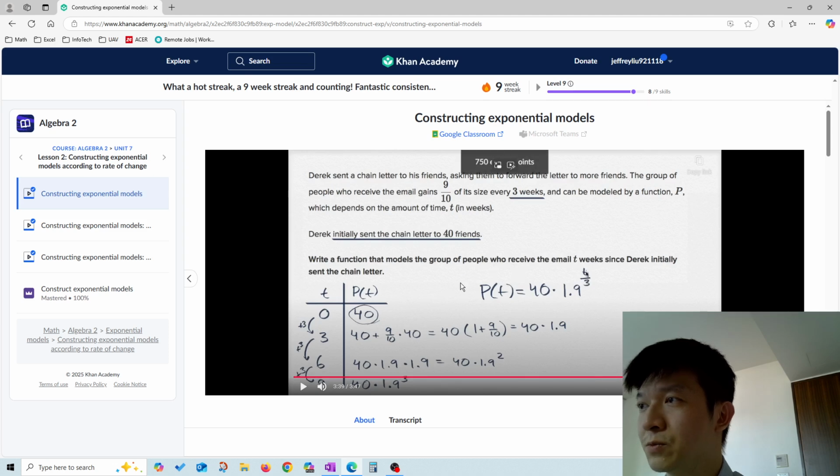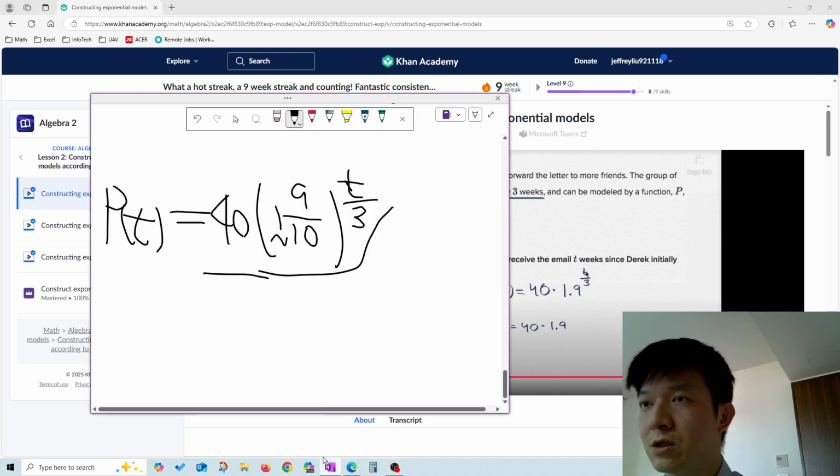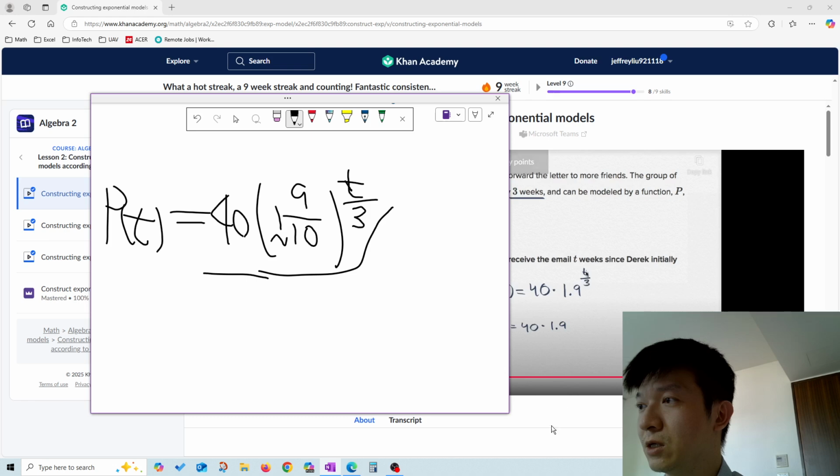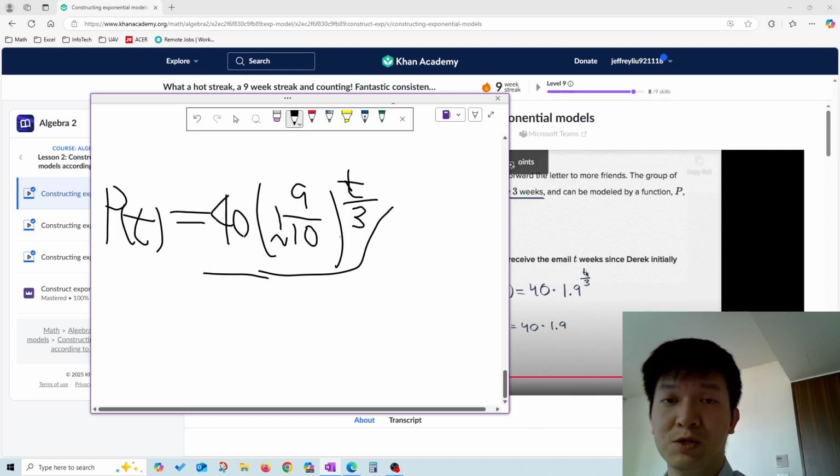Alright, so your model is right here. P of t equals 40 times 1.9, which is 1 and 9 out of 10, right? That is the same thing, refer to the same thing, and then t divided by 3. Alright, that's our exponent. Because you times every time you want to get to the next term.